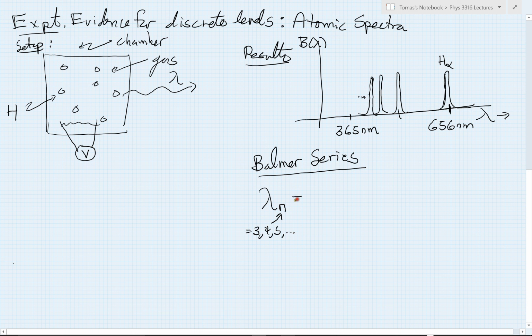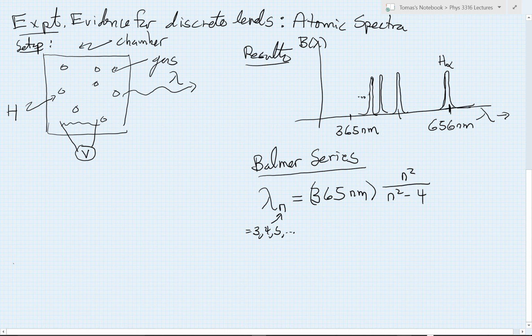And he found these wavelengths are fit perfectly by the following formula. You have this accumulation value coming back in, 365 nanometers. And then that integer n comes in a very interesting formula, n squared over n squared minus 4.